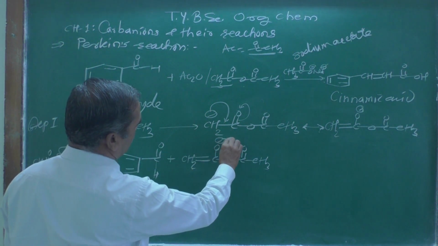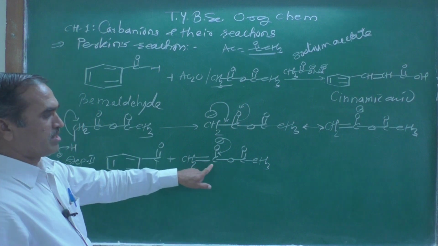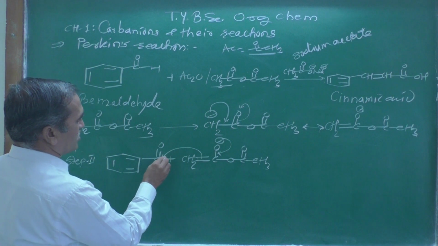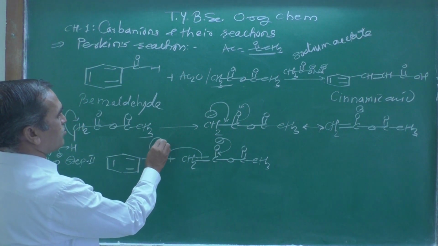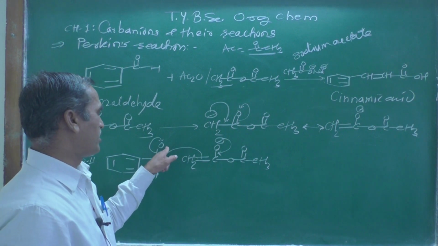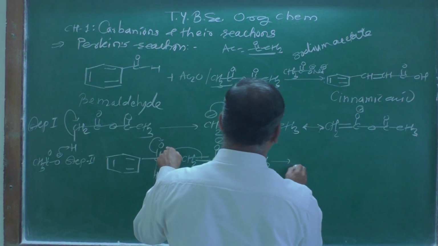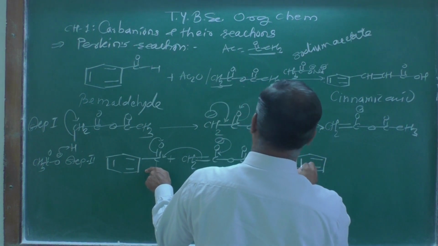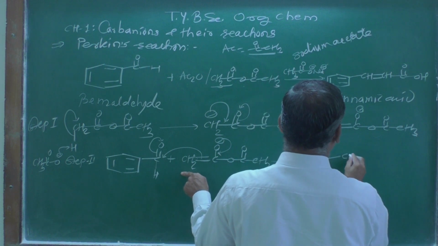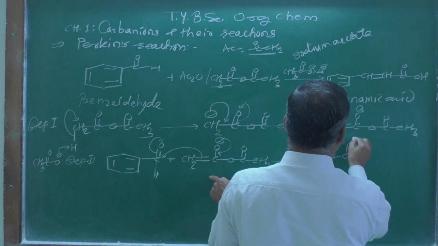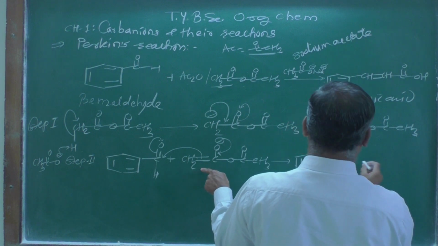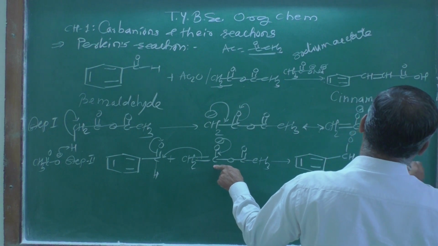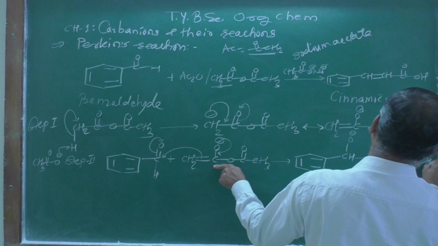Now what is going to happen? This negative charge forms a double bond between this carbon atom and the oxygen atom. This double bond now attacks this carbonyl group, and the negative charge is acquired by this oxygen atom, and we are going to get this one over here: carbonyl group, then CH, this H I am writing here, so O minus, and then this one CH2, then C double bond O, C double bond O, and CH3.